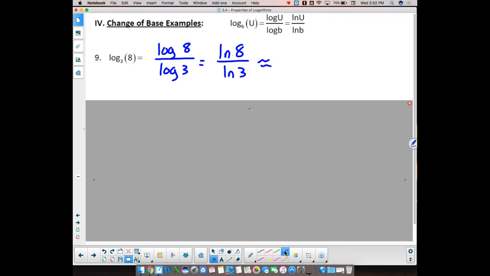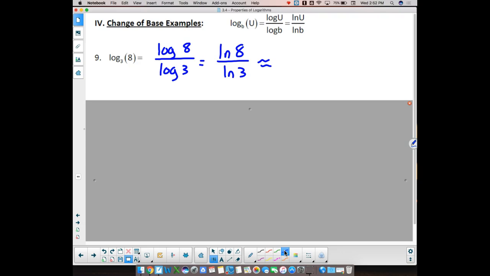Now, if your calculator opens up a set of parentheses, which these TI-30s usually do, you have to close that set of parentheses before you hit the divide.